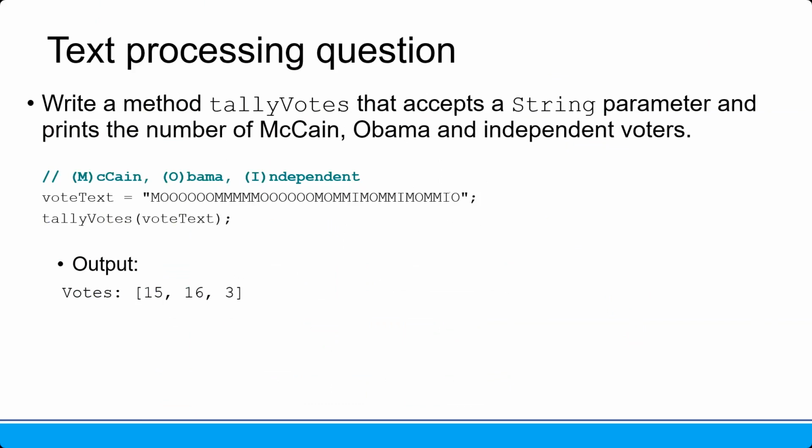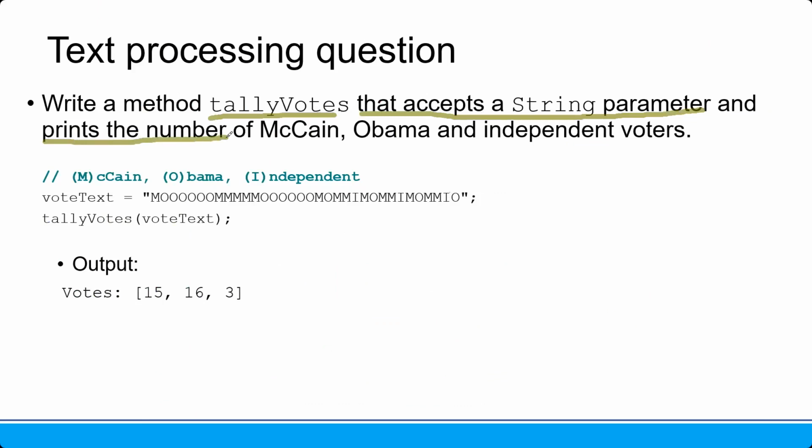There might be one problem in your mid exam about this one. The problem is about tally votes. It will accept a string parameter and print the number of votes.